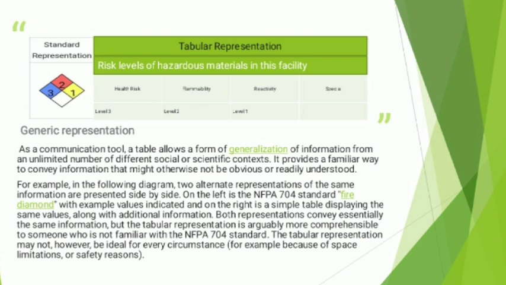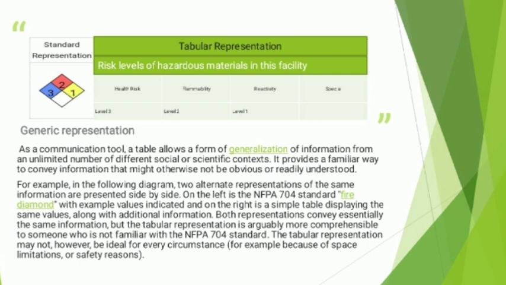It provides a familiar way to convey information that might otherwise not be obvious or readily understood. For example, in the following diagram, two alternate representations of the same information are presented side by side.